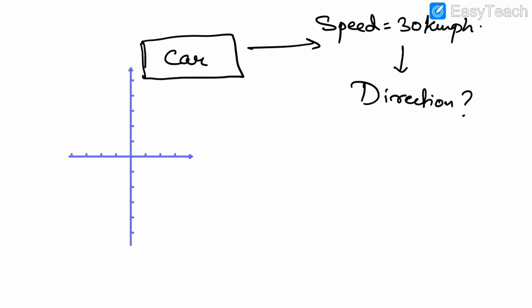So for that there comes another term called velocity. Velocity has both magnitude and direction.